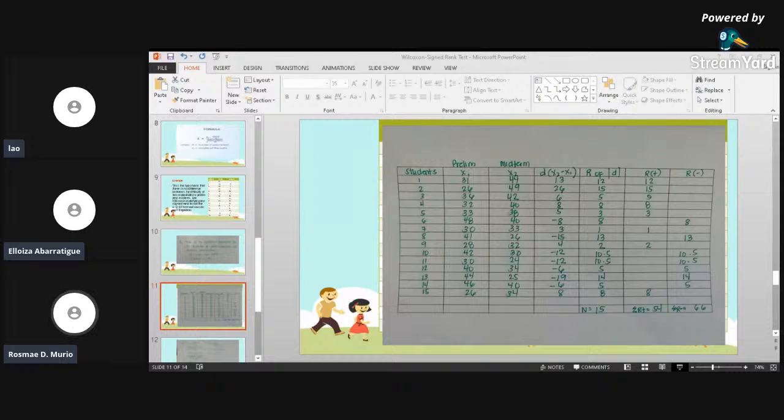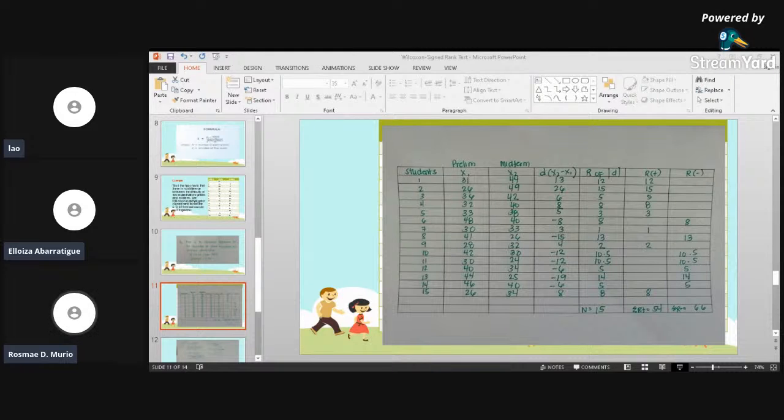So ang ginagawa po namin dito, from the midterm, from X sub 2, sa student number 1, 44, i-minus lamang po natin siya from the prelim result ng student number 1. So, 44 minus 31, so the result is 13 po. And 49 minus 20, so 29, so the result po is 26.